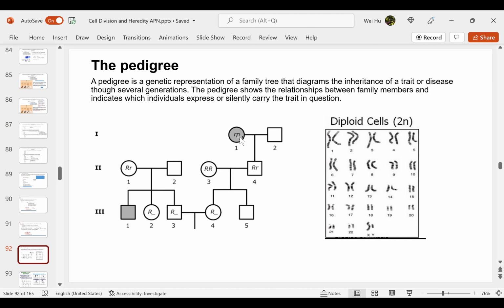Number two, whether they are on the sex chromosomes or on the autosomal chromosomes. Only the 23rd pair is X and Y, and all the others are autosomal.